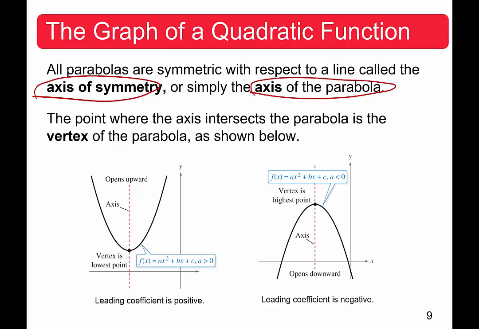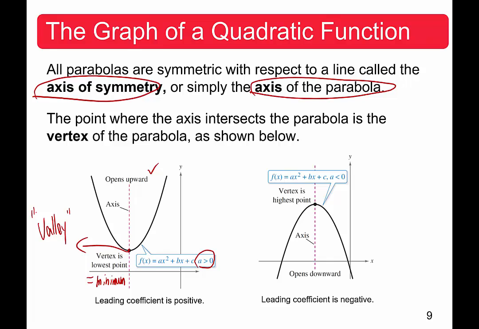Typically, if a is greater than 0, meaning the parabola opens upward, then the vertex is equivalent to the minimum. You can also call this the lowest point. That's why it's the minimum. You can also look at this as a valley, the bottom of the valley. That's why it's the lowest point.